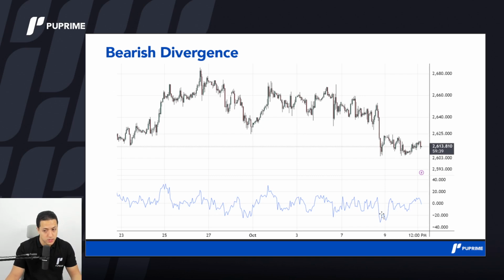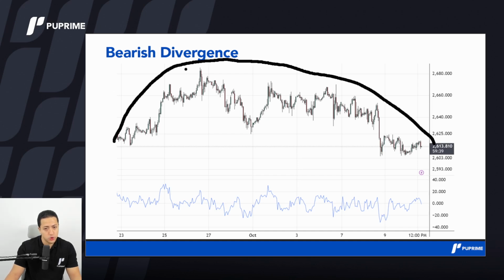So the name is not here. I don't even remember what momentum indicator this is, but it will still serve our purpose to explain this. So what's happening here in price? Prices were basically moving higher, right? And then started to move lower. So some sort of reversal happened here, right?